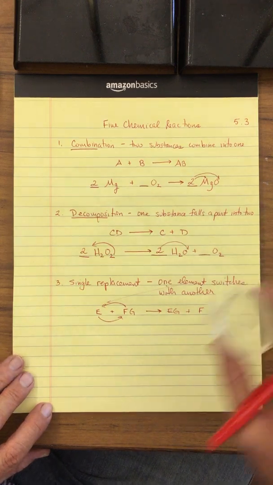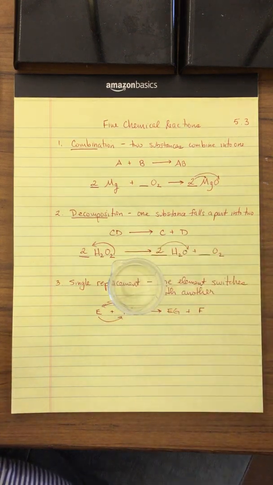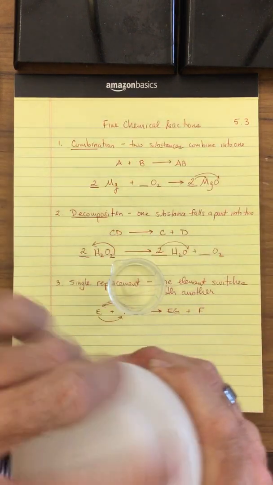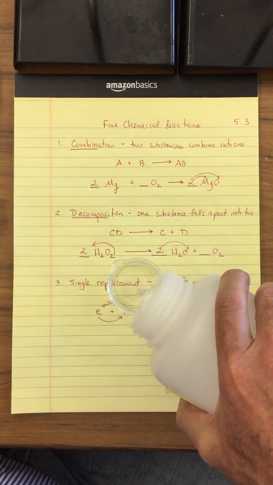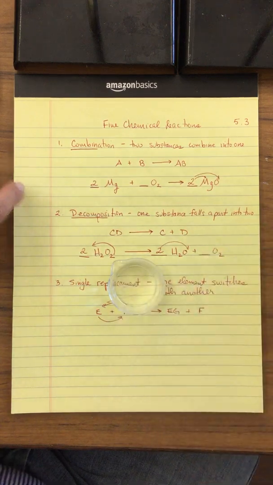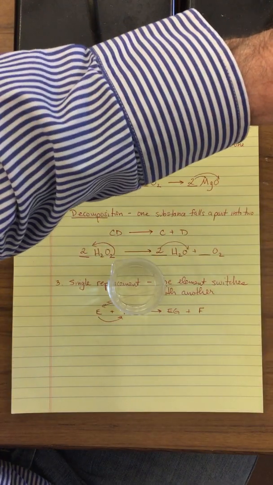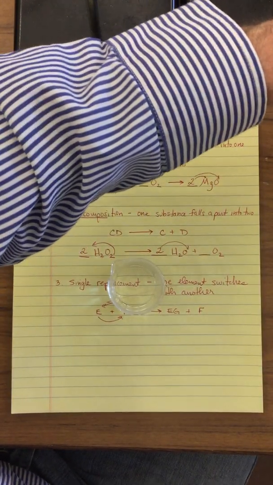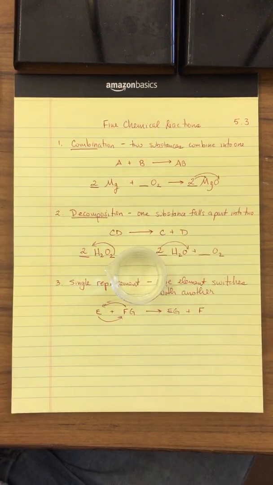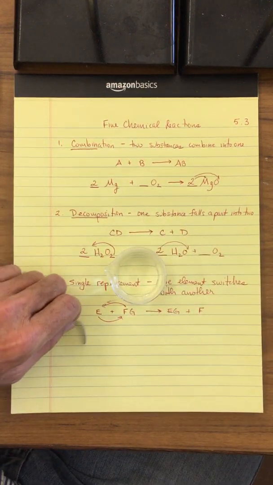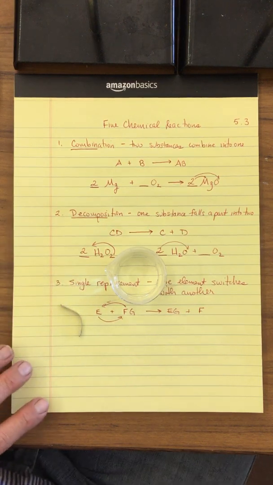So here's a demonstration that I have. Here's a small beaker, and I'm going to be adding to this beaker some hydrochloric acid. You've done this in a previous lab as well, where we produced a gas. So here's my compound, hydrochloric acid, and here is my element, which is going to be some magnesium.